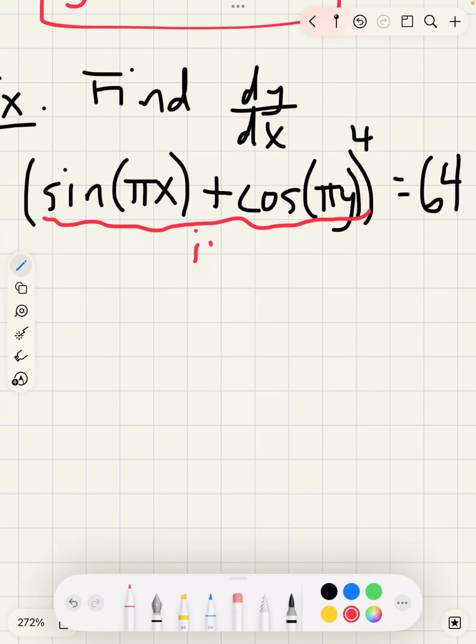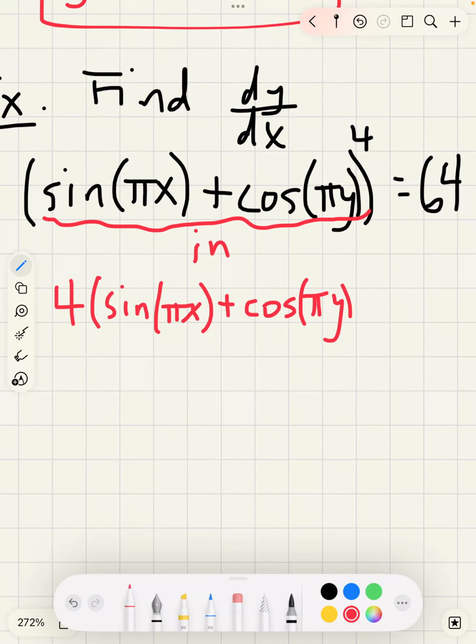So when I go to take the derivative, I'm going to start by differentiating stuff to the fourth. That's going to be 4 stuff to the third. And then we have to multiply by the derivative of the stuff.